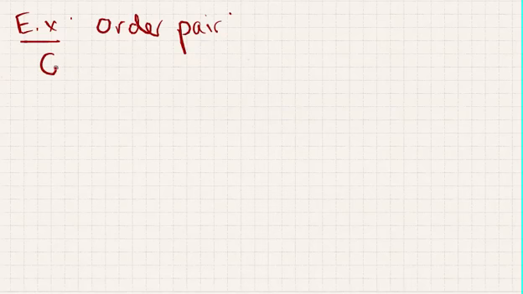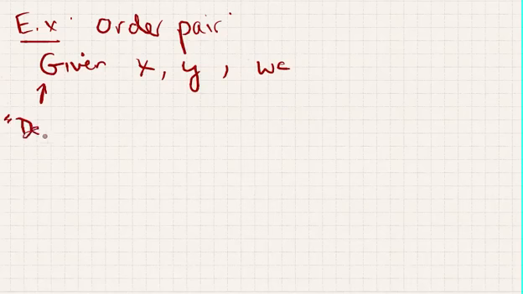So, this will be a bit of an informal definition because we don't formally know we're able to do this, but believe me that we're able to. So given two sets x and y, this is a definition in air quotes.